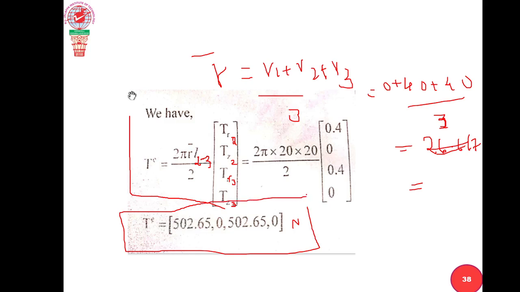Check out. Sir, 502.65, correct? The second term is 0, the third term is again 502.65 and the fourth is again 0. Correct? Yes, sir. So this problem is completed.